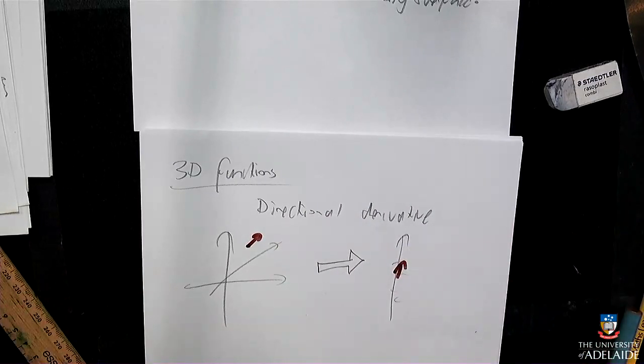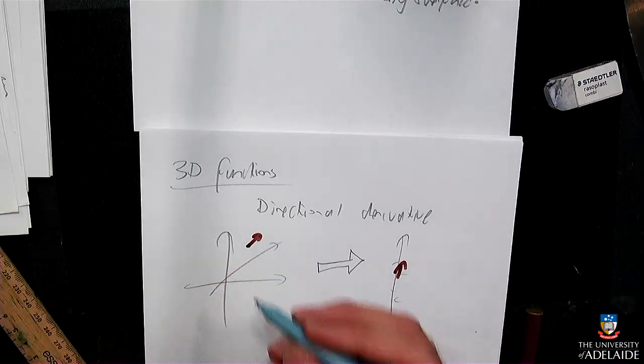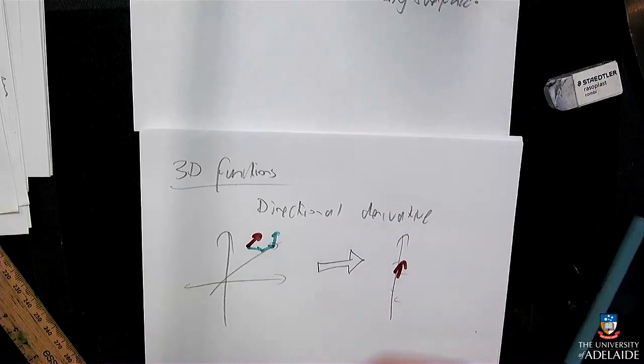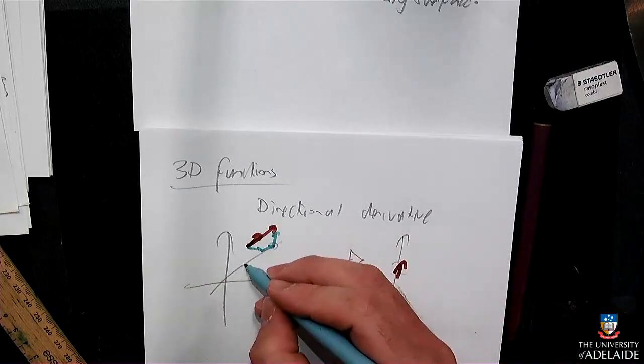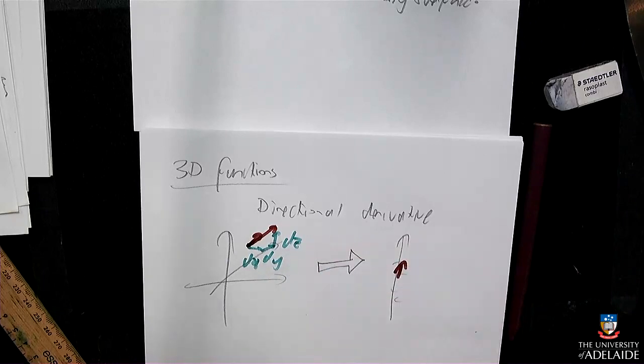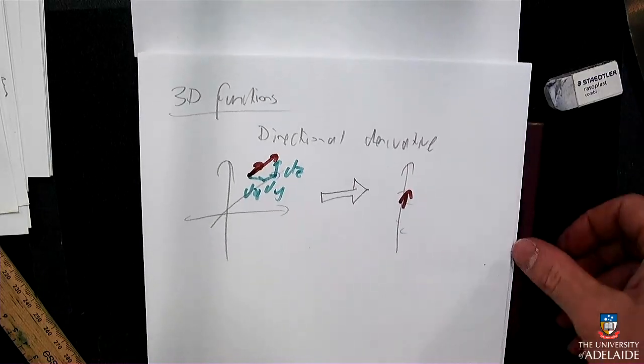And I can do a directional derivative in exactly the same way. I can go, well, this thing is made of a change in x and a change in y and a change in z. And so I could do my directional derivative in 3D in exactly the same way.